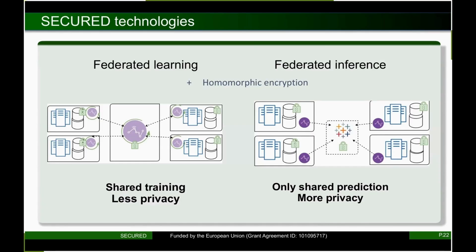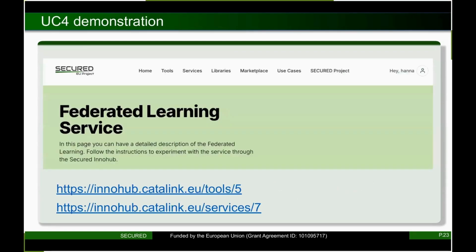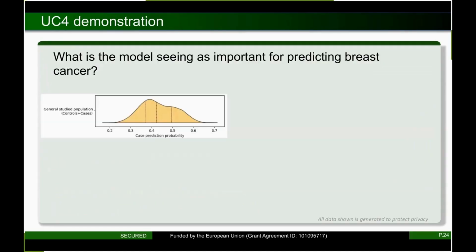Federated learning allows us to do a shared training in a somewhat private manner. However, it offers less privacy than federated inference. In the federated inference, we actually only share the prediction. So we have first local models trained separately, and the prediction is shared. It offers more privacy, but we do not get the same benefit from the shared training. And the federated learning service is also part of the InnoHUB.